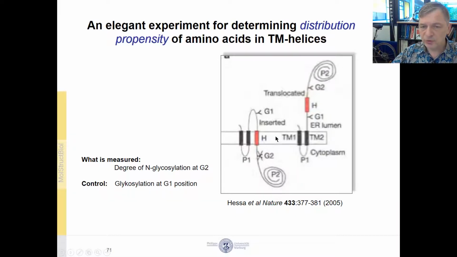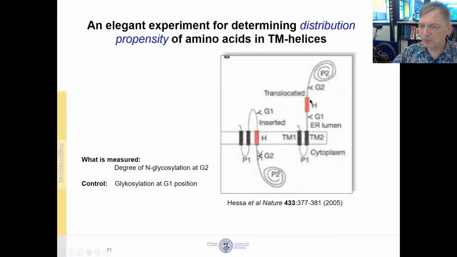He made a lot of mutants at all these positions. Or his co-workers, of course, sorry, his co-workers did these mutations, and they analyzed on SDS-PAGE how heavily modified the protein was by glycosylation. One glycosylation always occurred, that is this G1 glycosylation, because it's in the ER lumen, but the second glycosylation can only occur when the helix does not become part of the bilayer, but becomes a soluble helix.